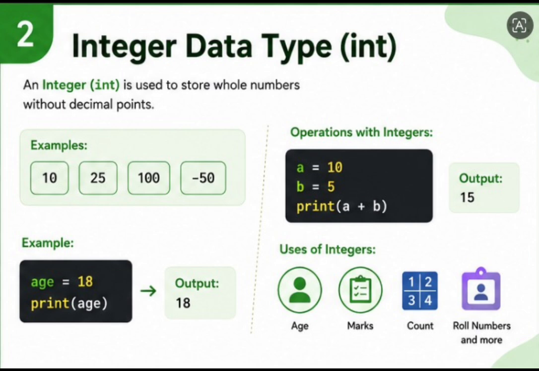In real-world programs, you will use integers all the time for things like counting items, tracking users, ages, calculating scores, or managing roll numbers. Whenever you see a whole number, Python instantly recognizes it as an integer.